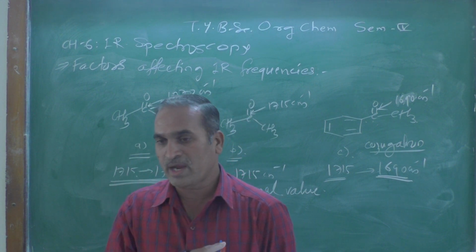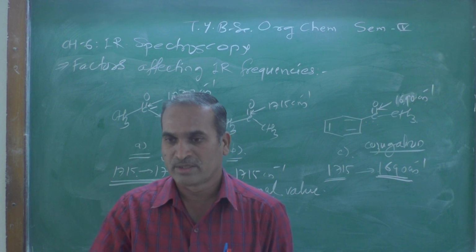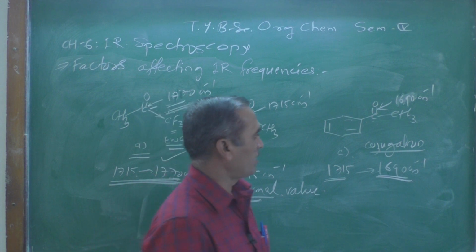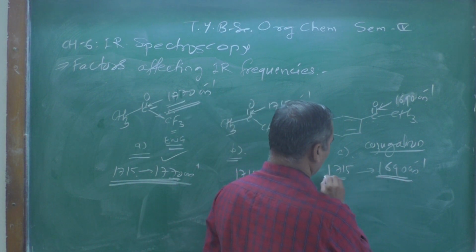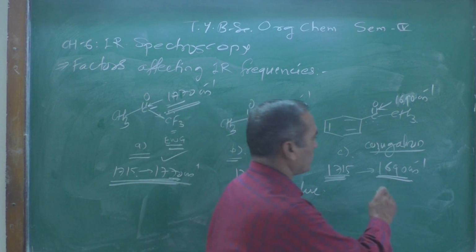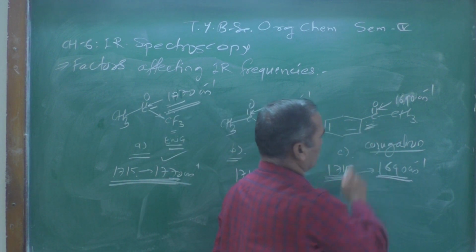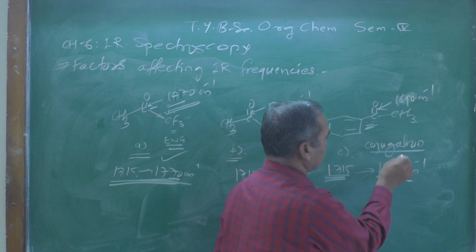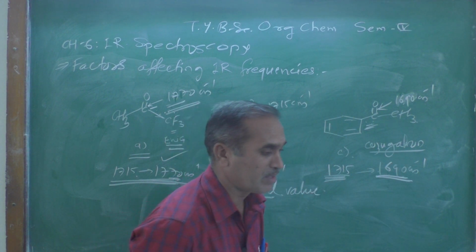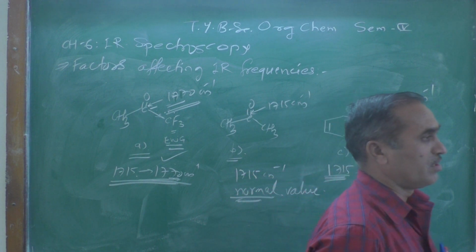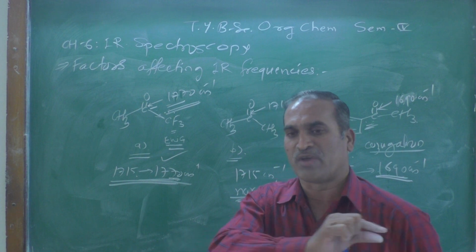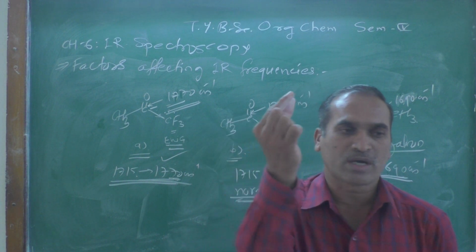You have to give the justification why the normal value is 1715 per centimeter, but this carbonyl group in acetophenone gives the peak around 1619 per centimeter. Why is there a decrease in IR values? The reason is very clear: due to the conjugation.